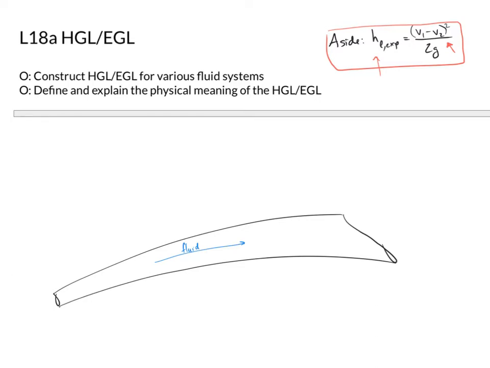Anyway, what we want to talk about here, I'm going to zoom in a little bit, and I'm going to talk about it over here, and then we're going to talk about that big pipe that I drew. One way to think about this quantity that shows up a lot, P over gamma plus Z plus V squared over 2g, is as the total energy of the system.